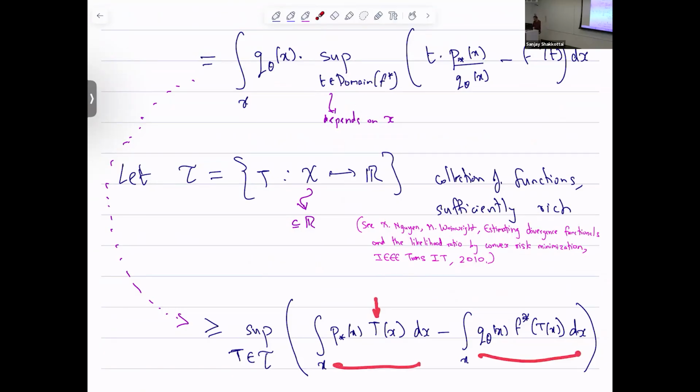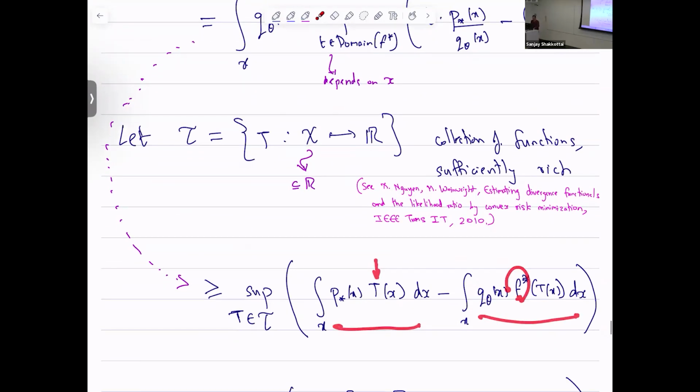This is an expectation of F star, which is known, because that was your design choice. For example, it was minus log u or u log u or one of those kinds of things. So you know what F star is, and T is basically the function class. Does it make sense? Correct, your design choice.